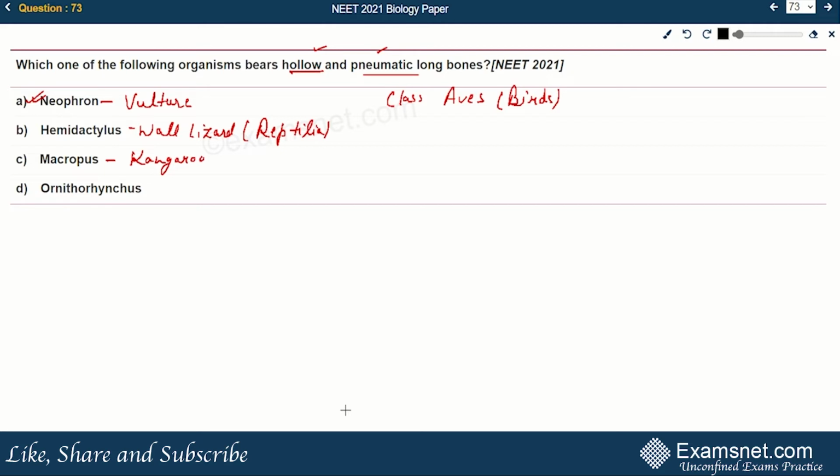And the fourth one is Ornithorhynchus. What is Ornithorhynchus? It is platypus. And kangaroo and platypus both belong to which class? Mammalia. Therefore, these will not be the correct option because these are the characteristics of class Aves only. Okay, so A is the correct option.